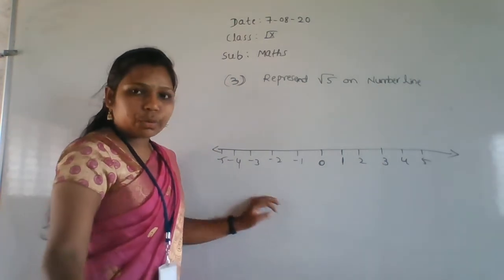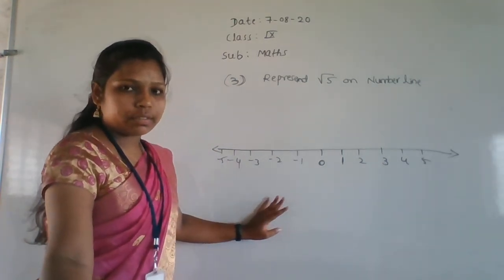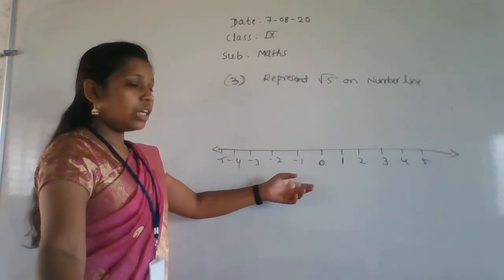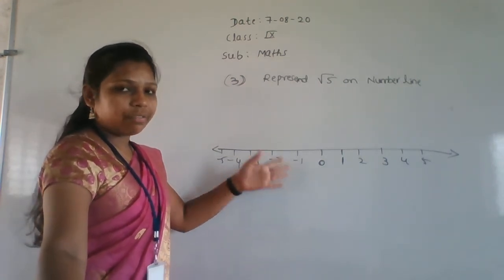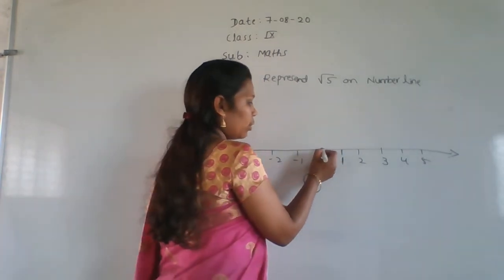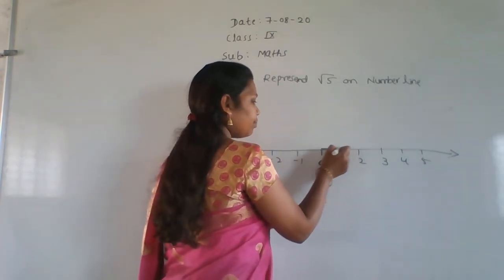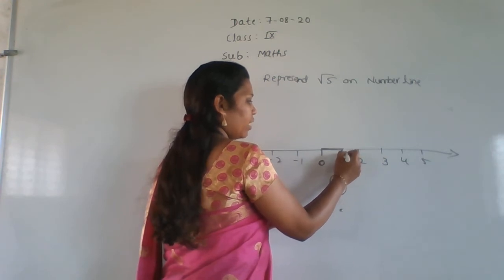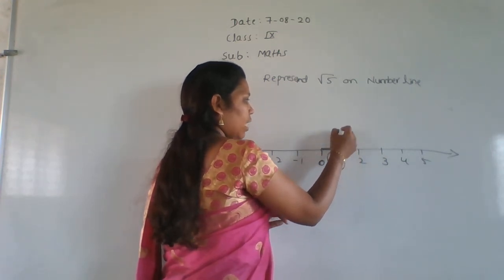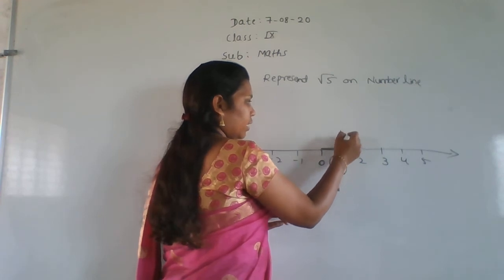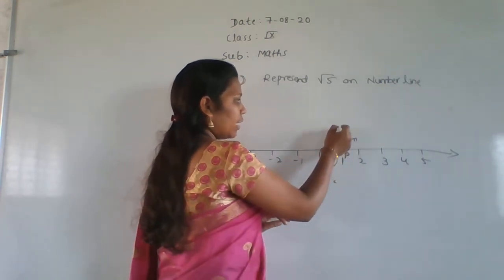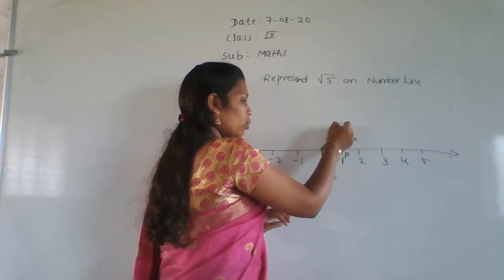First, up to root 3 you have to continue the same process. You know how to draw the root 3, right? Up to that much you have to continue the same process. After that I will tell. First take the 1 centimeter length here. For that point I am giving a name as P. And again here a straight line, that is 1 centimeter here. That point is called Q, and join this OQ.